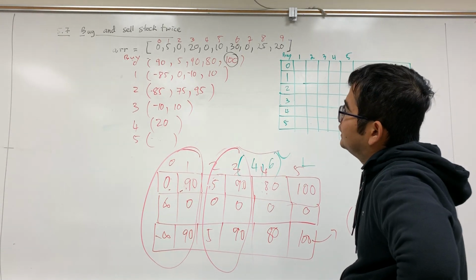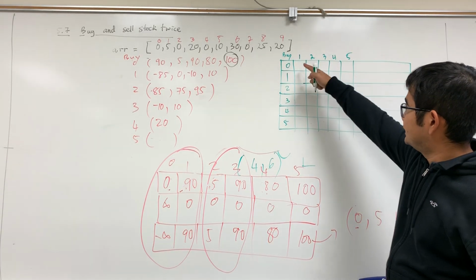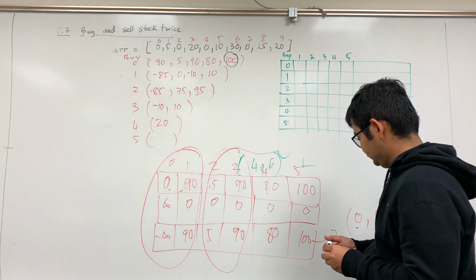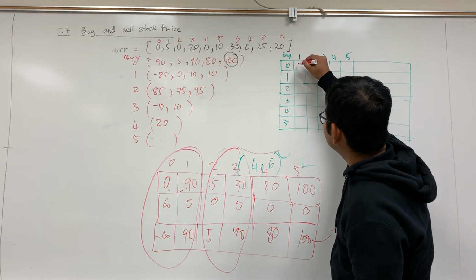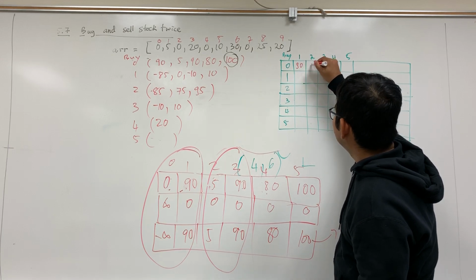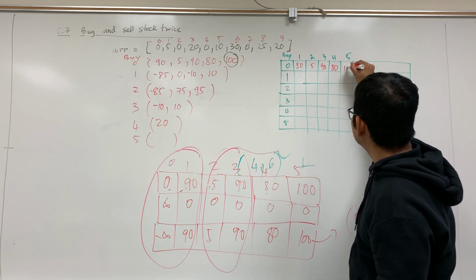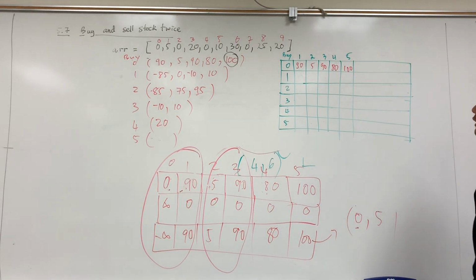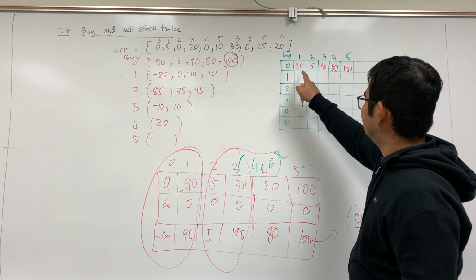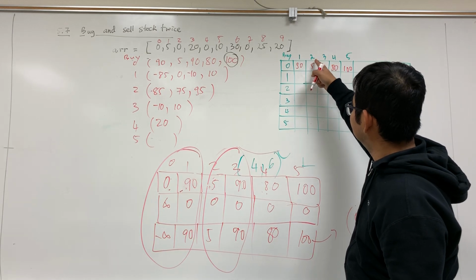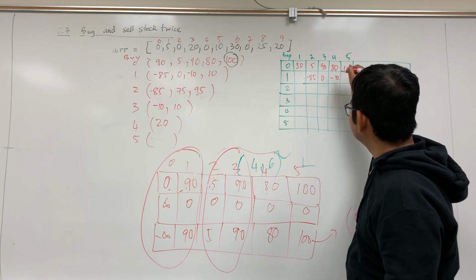So in the case that I buy at index 0 and I sell at index 1, I will gain 95, 90, 80, and 100. If I buy at index 1, I cannot sell at index 1, I have to sell at index 2, which gives 85, 0, minus 10.